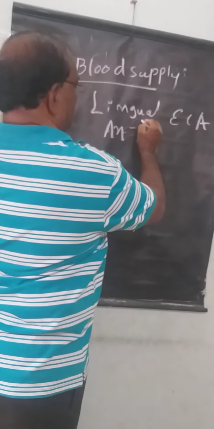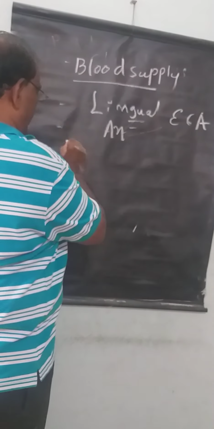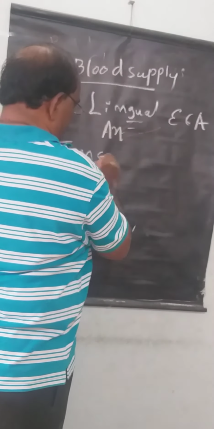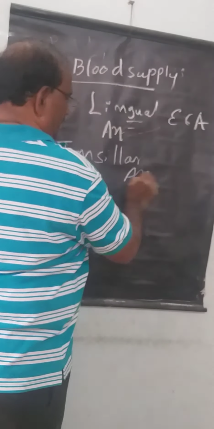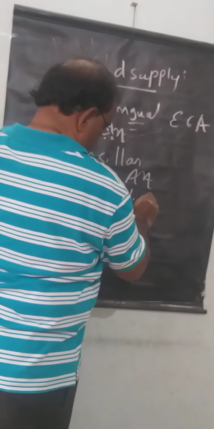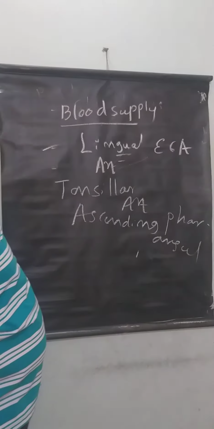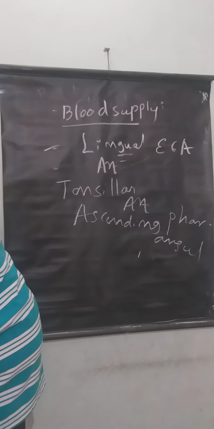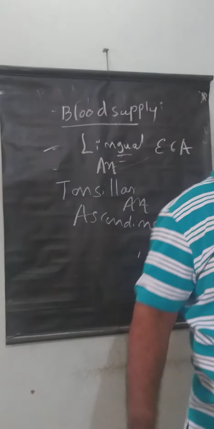Apart from that, the tonsillar artery and the ascending pharyngeal artery. The blood supply is from three: lingual artery, tonsillar artery, and ascending pharyngeal artery. They are the three arteries.